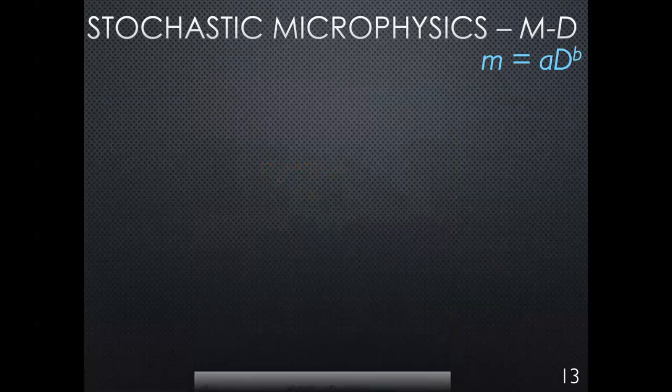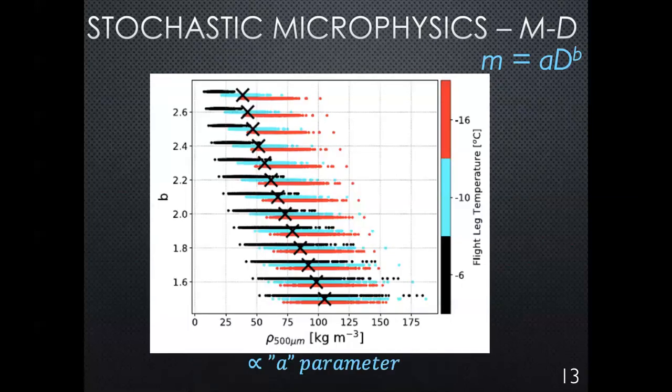My colleague, Wei Wu, now at the University of Oklahoma, derived mass size parameters, the A and the B parameters, which results in this distribution, where the exponent of that relationship B is on the y-axis, and on the x-axis is a parameter that's proportional to the A parameter. I won't get into why we use something slightly different. This parameter space of the prefactor and the exponent in the mass size relationship serves as a sampling distribution for the stochastic scheme.